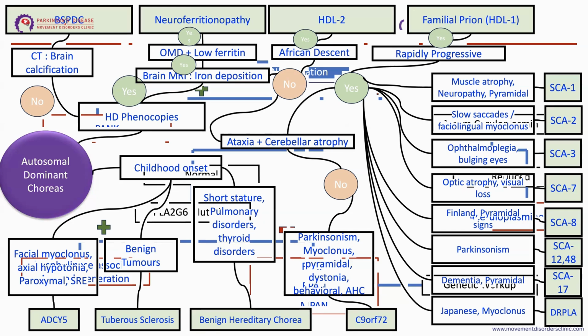All these symptoms give you different types of diagnosis, which includes BSPDC, neuroferritinopathy, HDL2, familial prions, SCA disorders, to name a few. This chaotic flowchart explains the complexities of the approach to choreas.